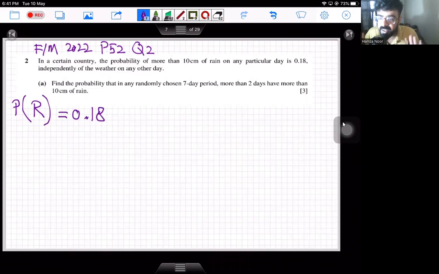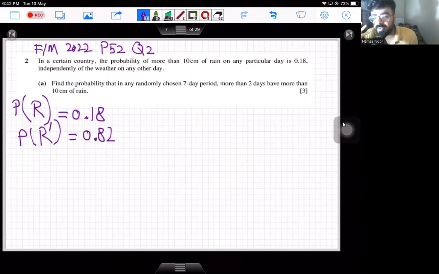This definitely means that the chance of that event not happening, R naught, is 1 minus 0.18, which is 0.82. So this R naught is basically the R complement, the event that there is less than 10 centimeter of rain on any particular day.